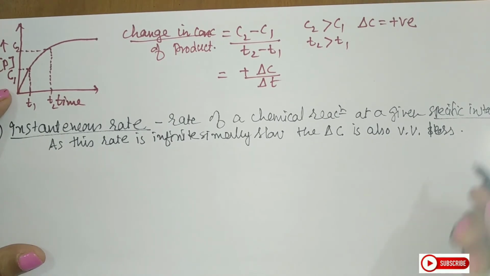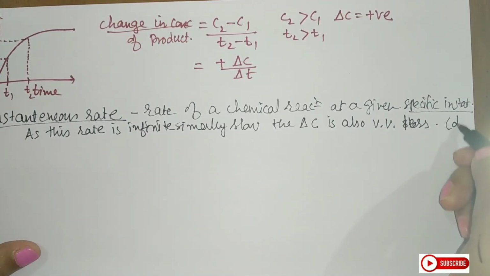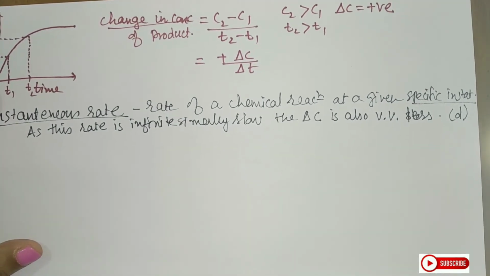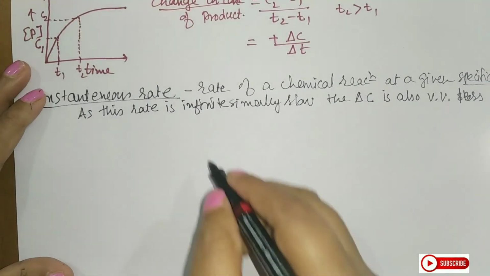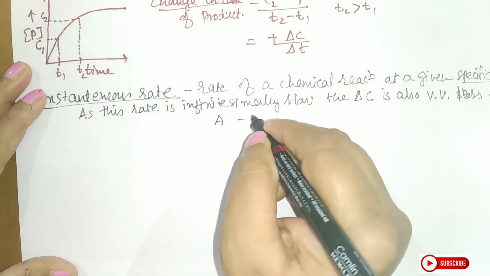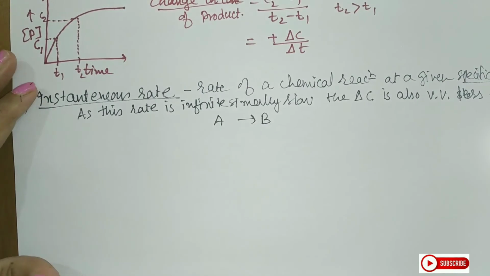So students, we use the sign that is small d, that is infinitesimal small. Now let us take an example. A goes to B. The concept is the same; only in place of delta, which we used for average, here we'll be using small d.